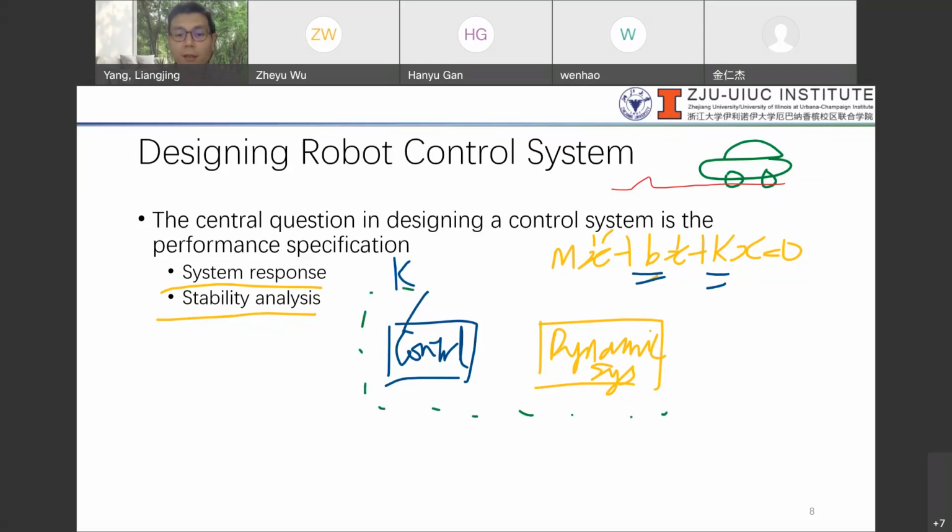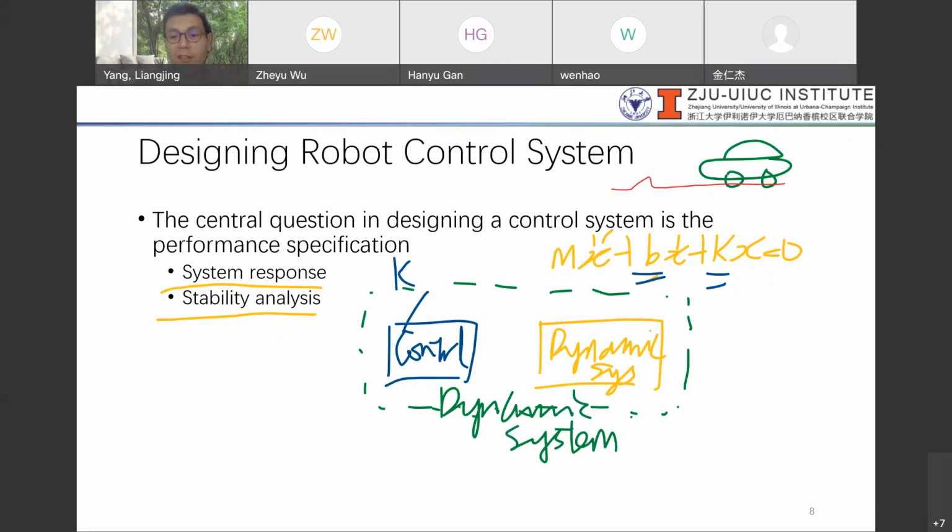Now this entire system becomes another dynamic system, but this time round, you can have this K change accordingly.